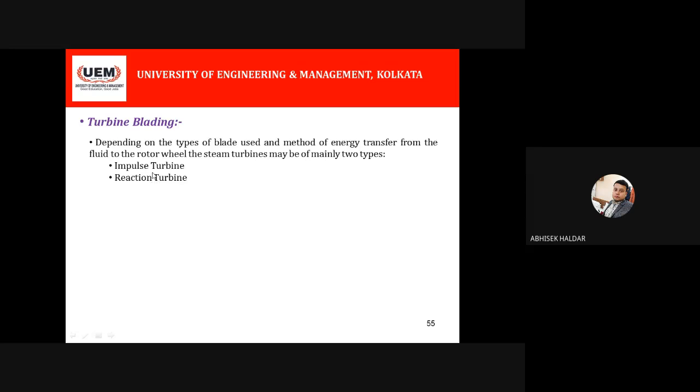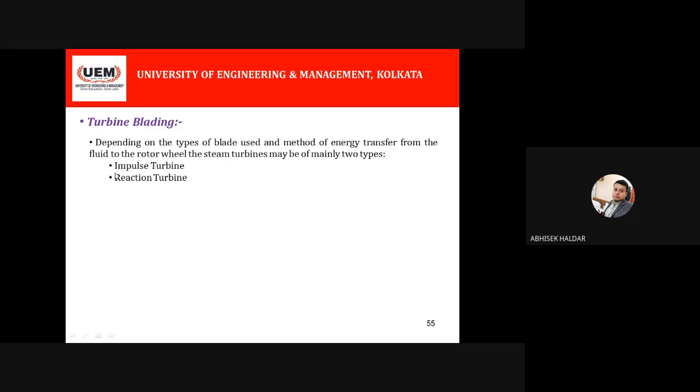Yes, there will be some impulsive effect also. When we discuss the reaction turbine specifically in the next module, or you can refer to your book, the name is basically impulse reaction turbine. Technically it should be called impulse reaction turbine, but to avoid confusion of name between the impulse and reaction turbines, it is only called the reaction turbine, not impulse reaction. Practically, it is not that there is zero impulsive effect.